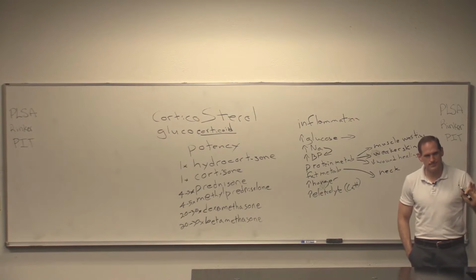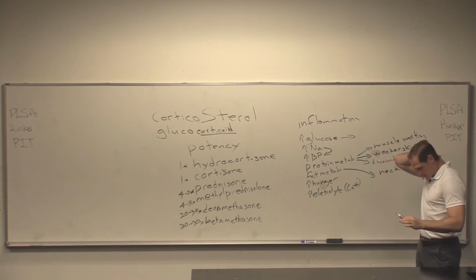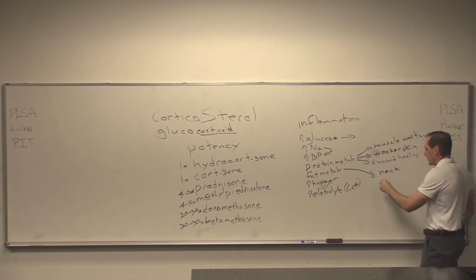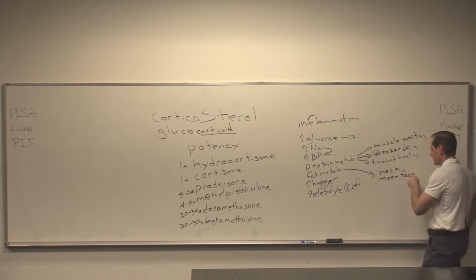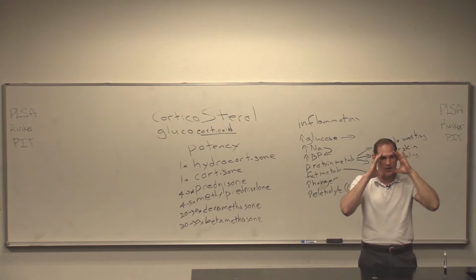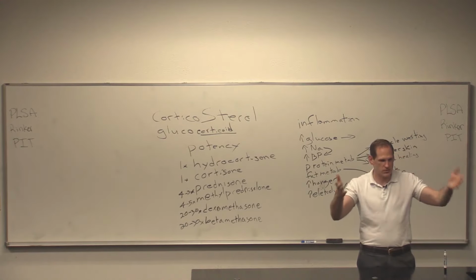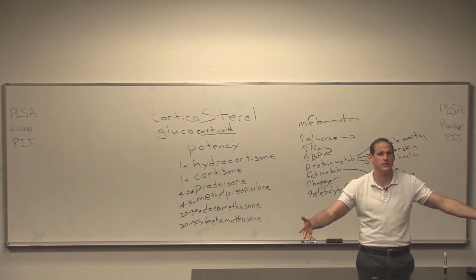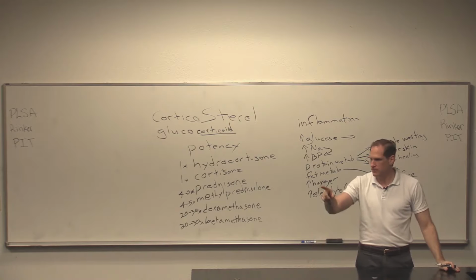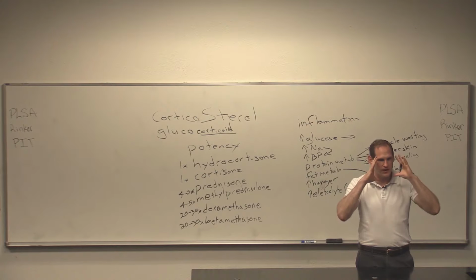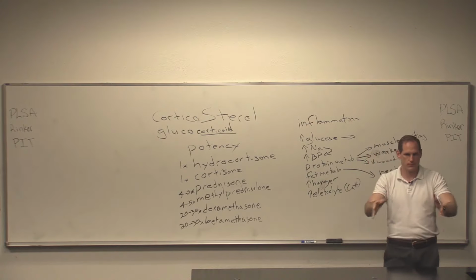I didn't make it up. There's a fat pad right here at the base of the neck. The next one is the face, and this is called moon face. People who have this effect will have very round faces. If you just Google moon face, you'll see pictures of exactly that. Once you see it, you're like, oh, steroid person, you're on steroids. It's very noticeable, that kind of appearance.